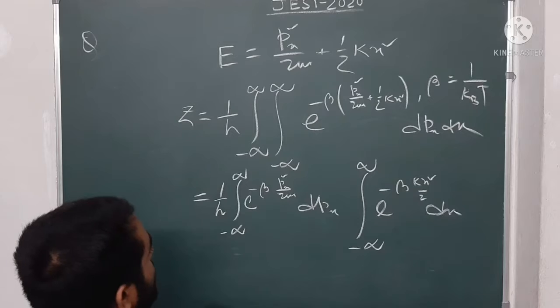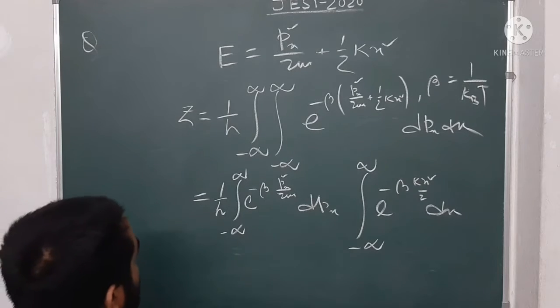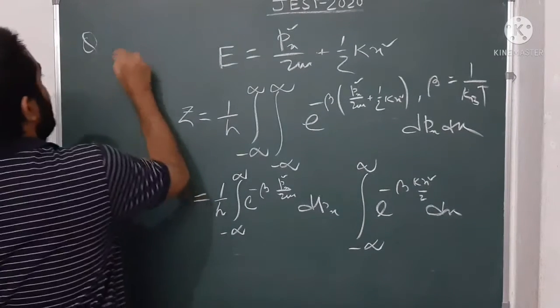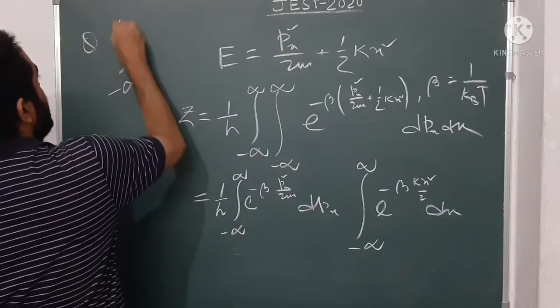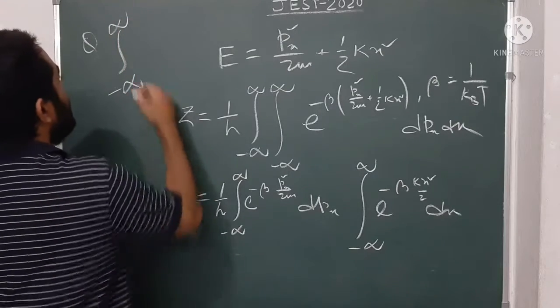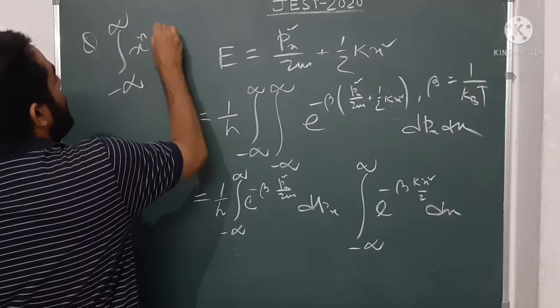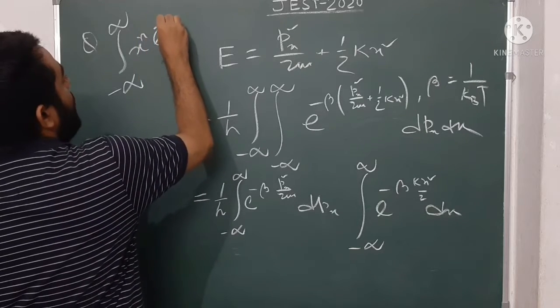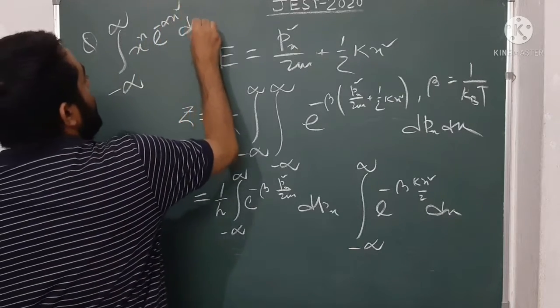This kind of integration is solved by gamma integration. The formula for this kind of equation is integral from minus infinity to plus infinity of x to the power n e to the power minus alpha x square dx.